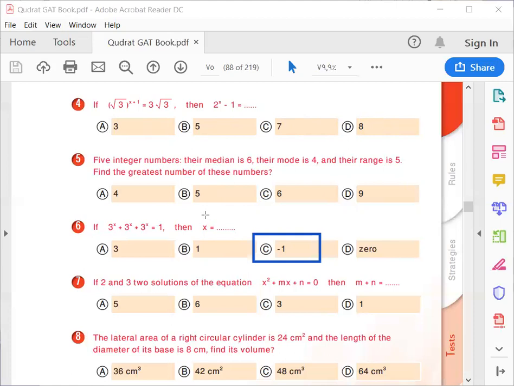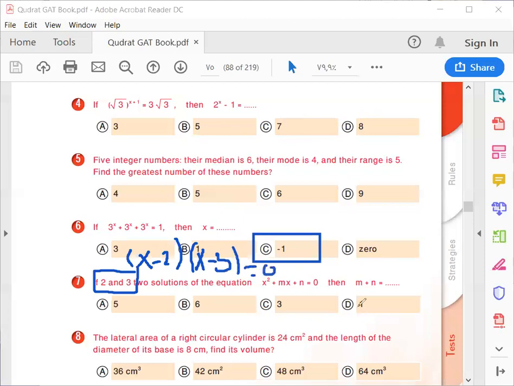When 2 is a solution, you can write the factor x minus 2. You can also write x minus 3, because 3 is a solution, as the second factor, equal to 0.